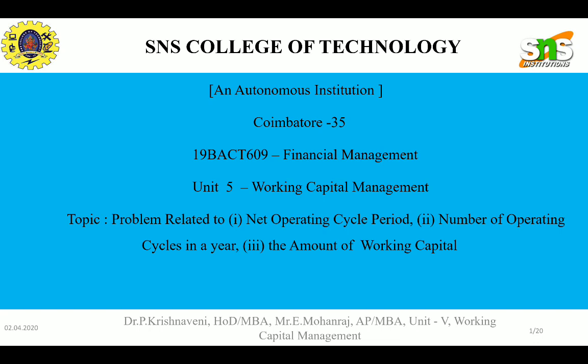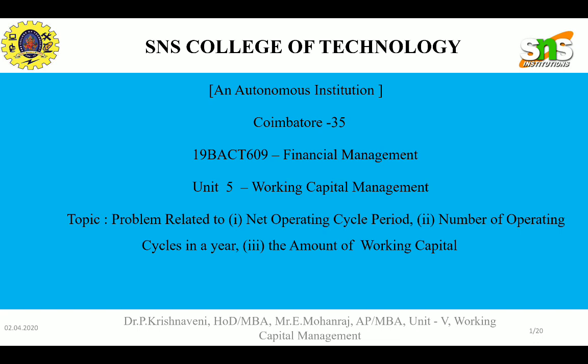If we want to find out the amount of working capital, we need the number of operating cycles in a year. If we want to find out the number of operating cycles in a year, we need the net operating cycle period. All three are interrelated.